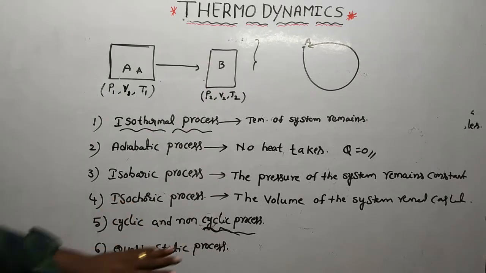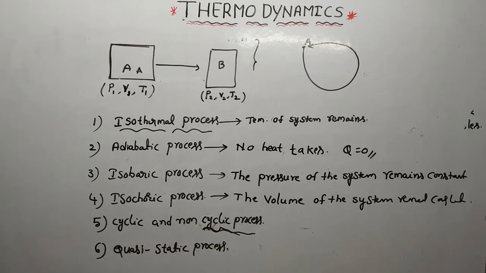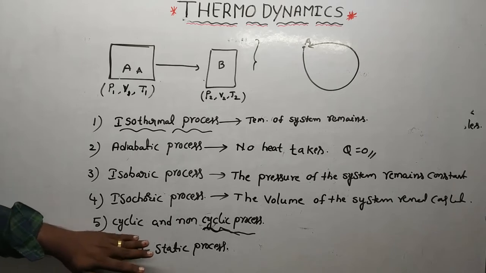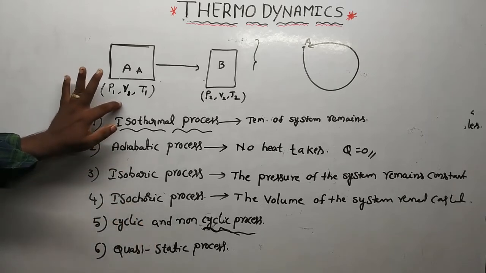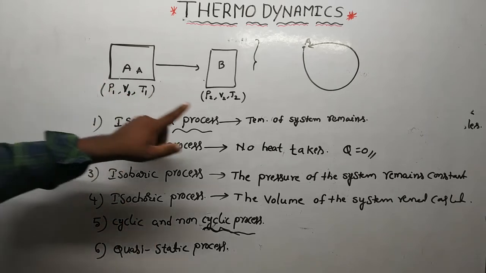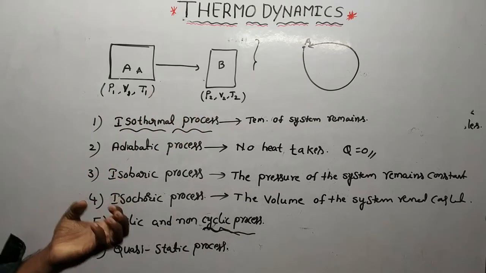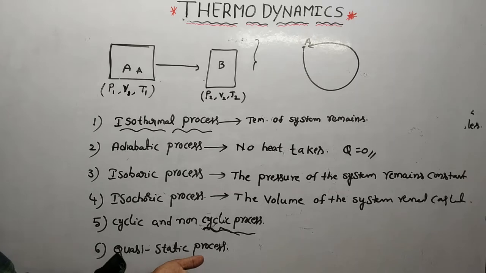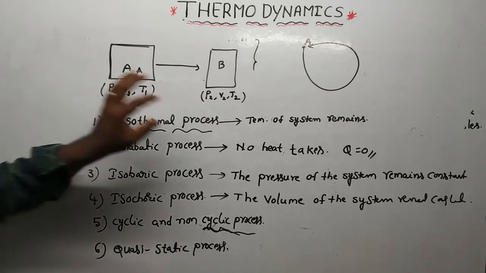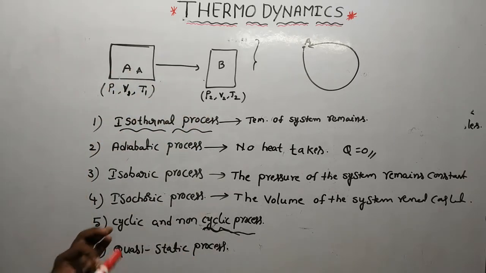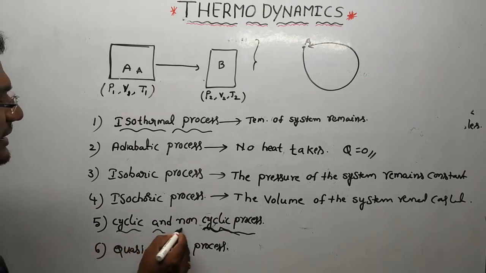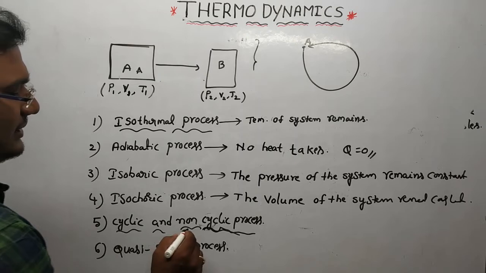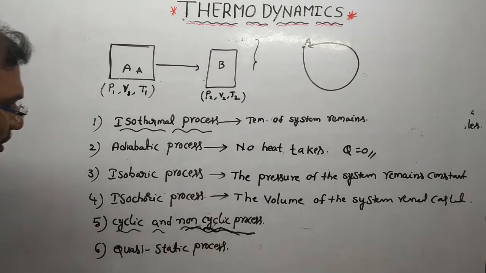Simply, if the process is cyclic, the initial state and final state of the thermodynamic system are the same. Those are called cyclic and non-cyclic processes.